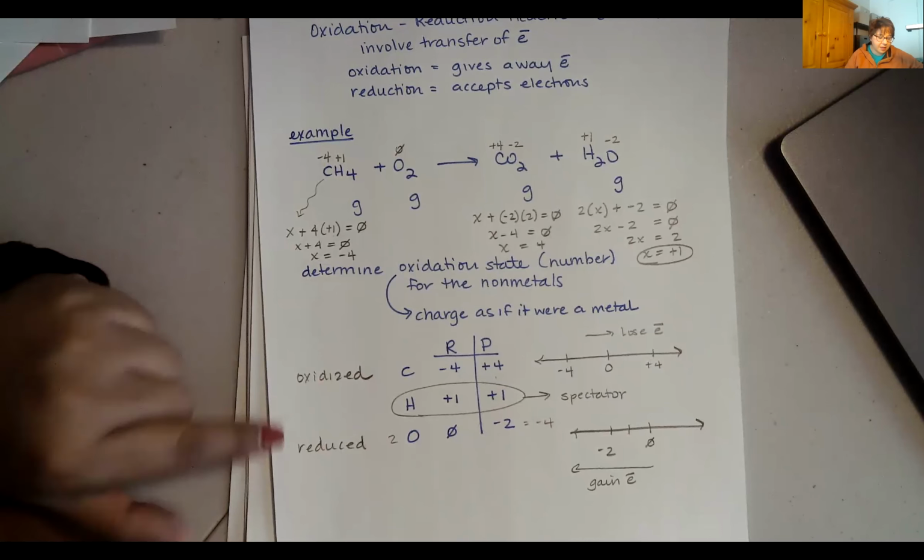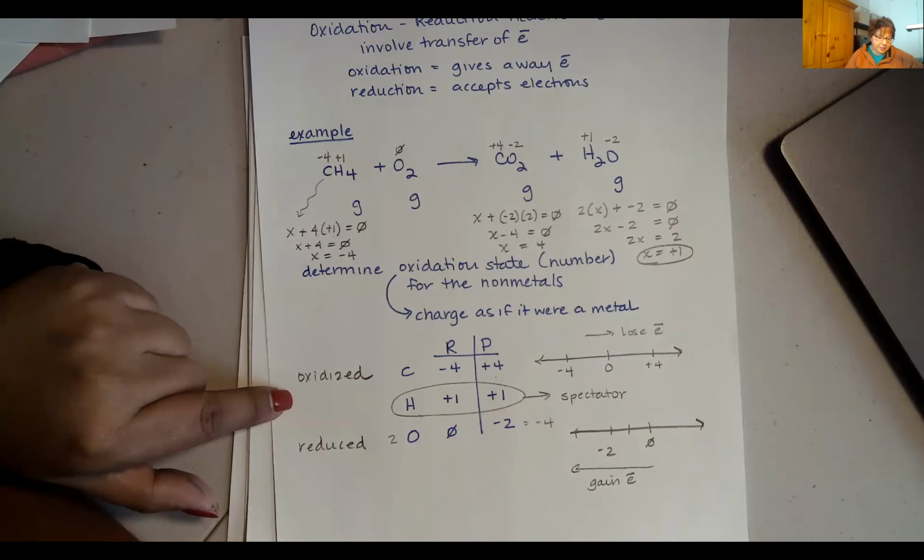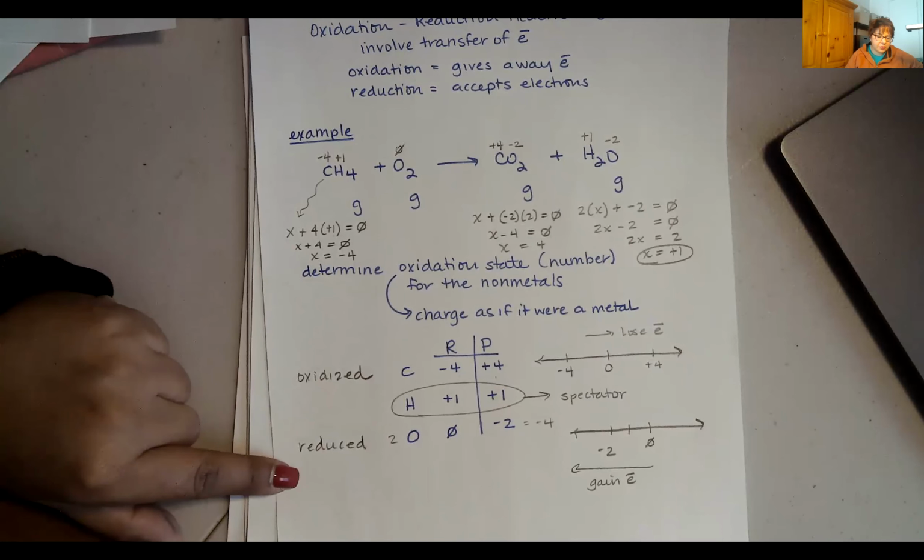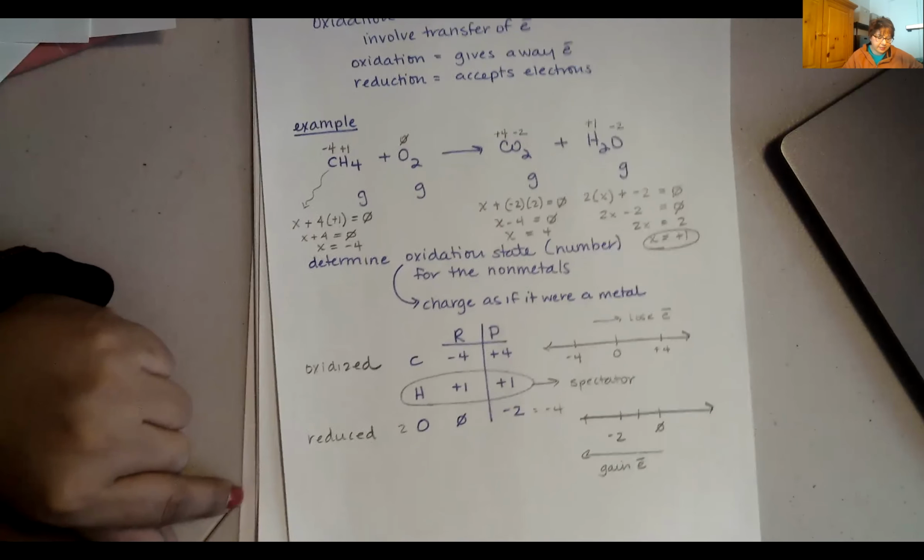So carbon is oxidized because it's losing electrons. Oxygen is reduced because it's gaining electrons, or it's gaining negativity. You with me so far? Okay, last little bit.